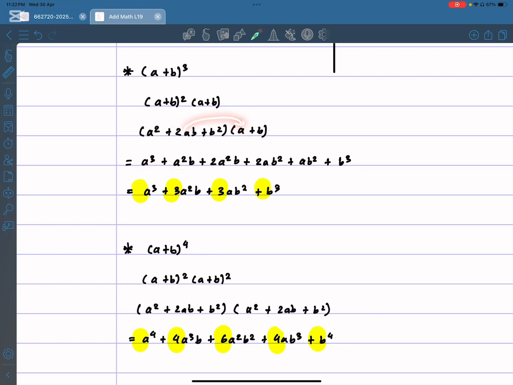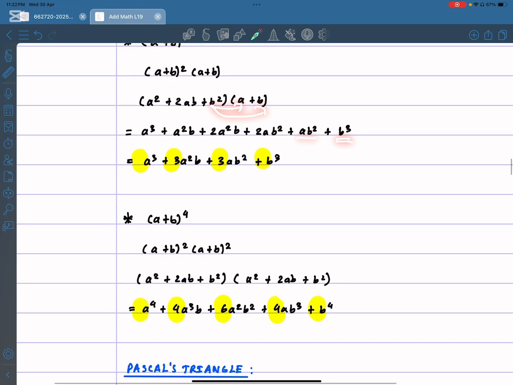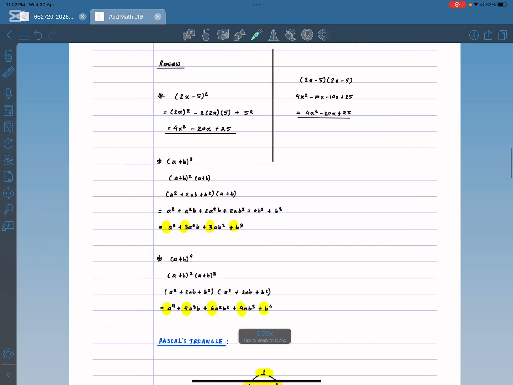Then 2ab multiplied with a is 2a squared b, and multiplied with b is 2ab squared. Then b squared multiplied with a is ab squared, and the final term is b cubed. Once we simplify this, we get a cubed plus 3a squared b plus 3ab squared plus b cubed.